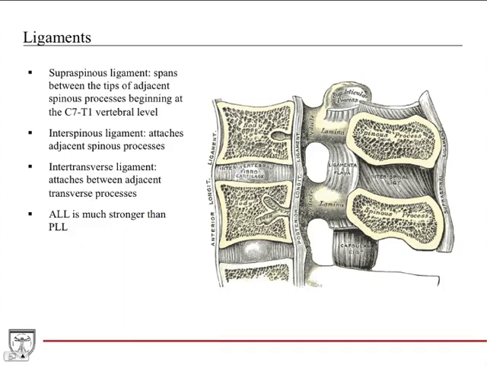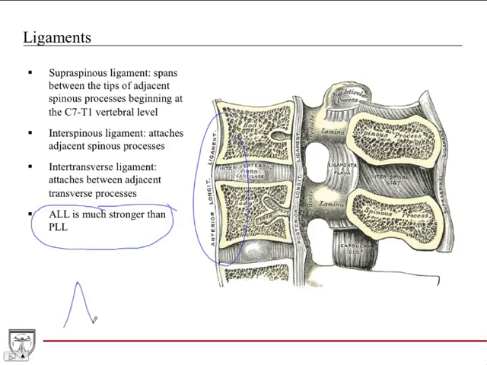Now, one thing I want to point out here is that the ALL is much stronger than the PLL. Why is that? If you look anteriorly and posteriorly, there are a lot of ligaments posteriorly providing support to the spine and preventing hyperflexion, versus only the anterior longitudinal ligament anteriorly, preventing hyperextension.